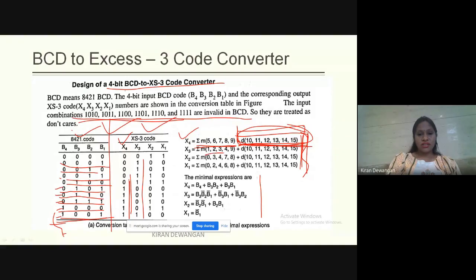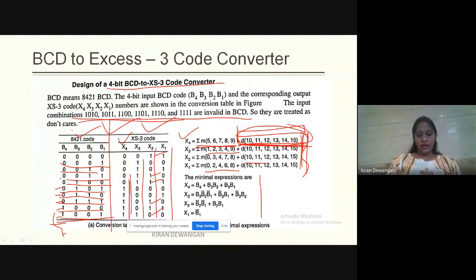So that is mentioned here. 1, 2, 3, 4 and 9 plus D. X2 में where it's going high, it's 0, 3, 4, 7, 8 and then D. Similarly for X1 also 0, 2, 4, 6, 8 plus the don't care.